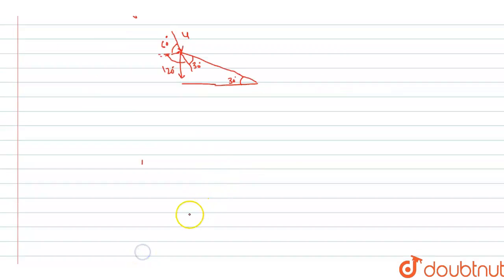So let's try to draw the diagram again. This is our incline. For better visualization, I am taking this horizontal line as the inclined plane. A particle is colliding here, and this angle with the incline is 30°.